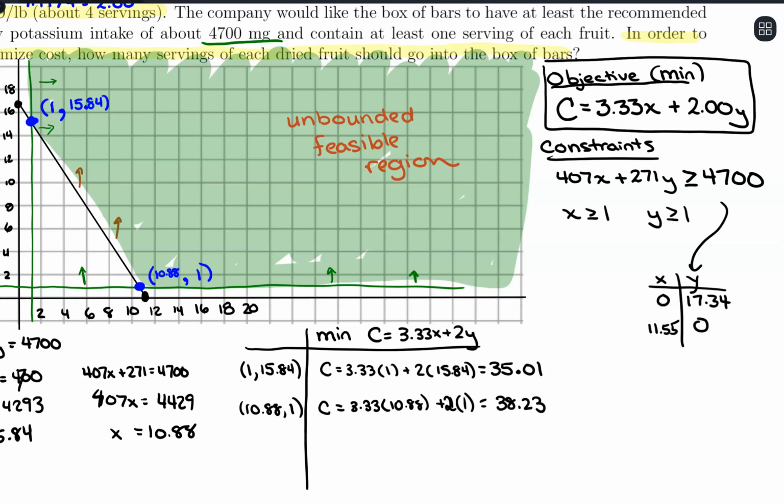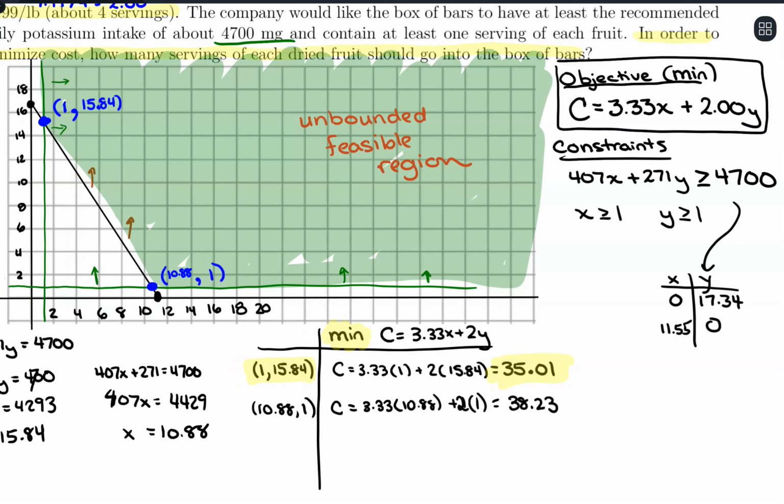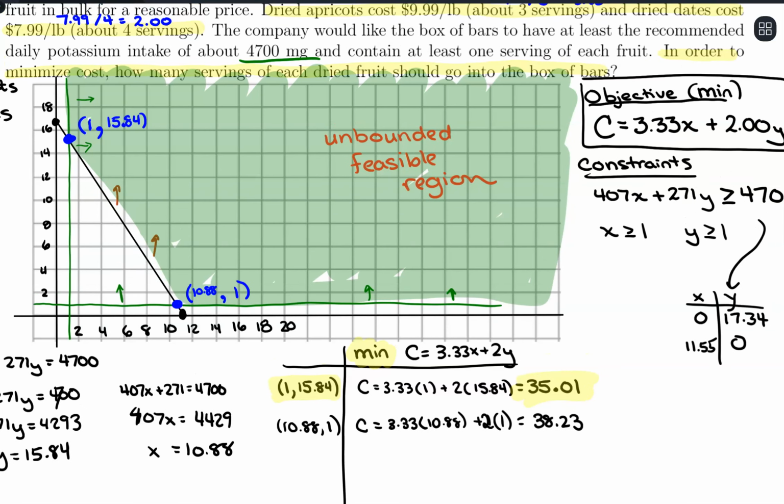Now, we've had a lot of problems where we were maximizing, so just keep in mind that we are minimizing here. So we want the smaller of those two costs, which is going to be that cost of $35.01, which is coming from that corner of 1, 15.84. So just going back, once we get those values and I know algebraically what my answers are, I like to go back to the question itself to know that I'm answering it correctly. So in order to minimize cost, how many servings of each dried fruit should go into the box of bars?